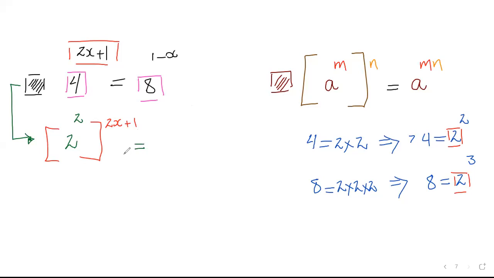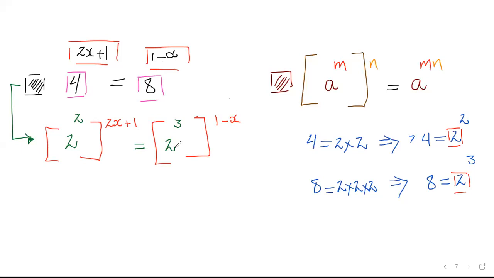Equals, instead of 8, Ella, what should I write? That's right. I write 2 to the power 3. But at the same time, I'm going to be careful that 2 to the power 3 is raised to the power 1 minus x, because 1 minus x is the actual exponent of the 8.